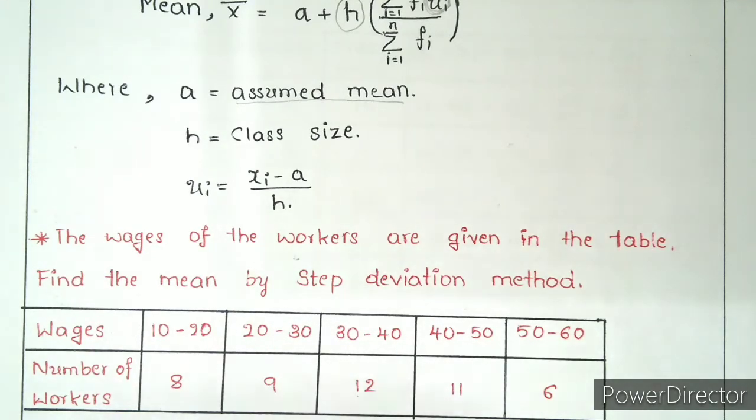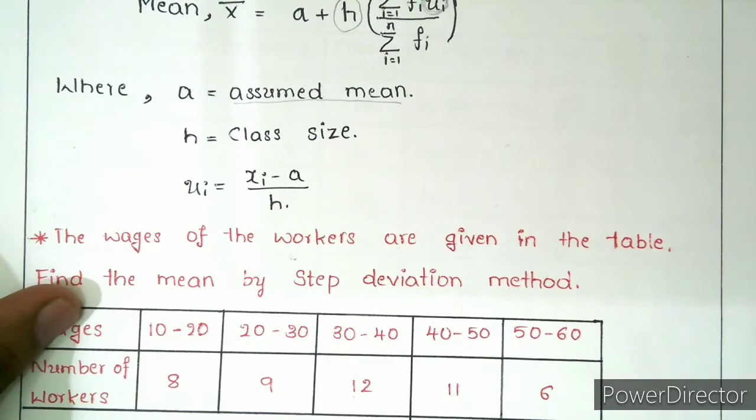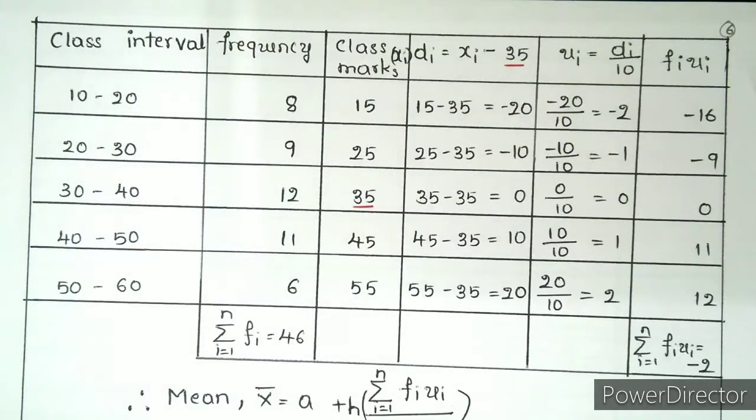The number of workers is 8, 9, 12, 11, 6. So in the class interval 10 to 20 there are 8 workers, 20 to 30 there are 9, 30 to 40 there are 12, 40 to 50 there are 11, and 50 to 60 there are 6. So you fill the values in the tabular column.